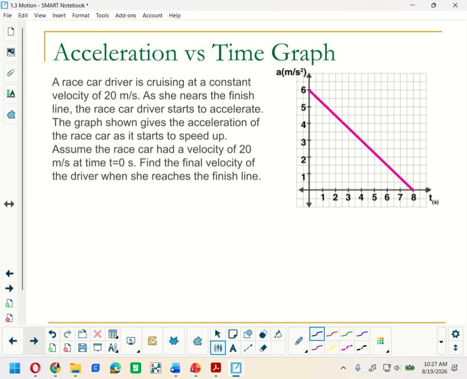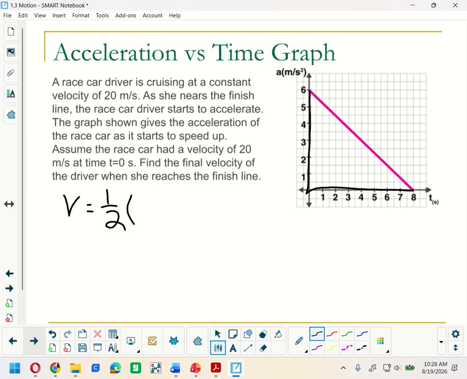So, final velocity. So we know what's there. Final velocity over here. So what shape is this? Triangle. It's a triangle. So we're finding the area because this is an acceleration graph. If I find the area under the curve, this is going to give me the velocity. So I'm going to say the velocity is equal to my shape, a triangle, one half.